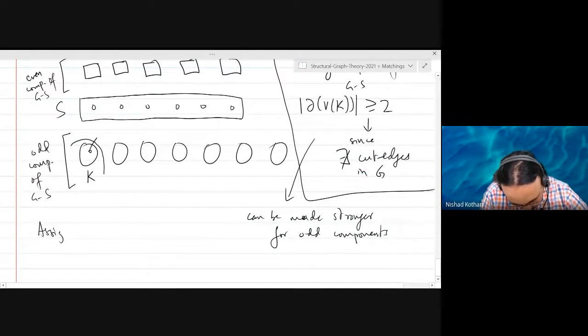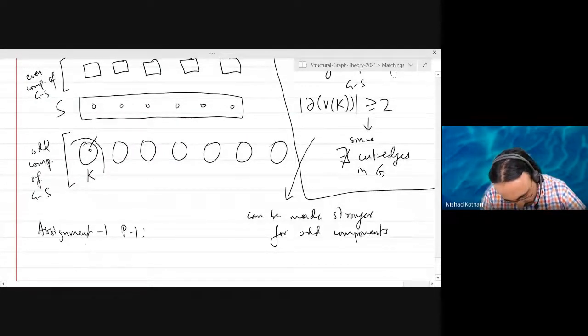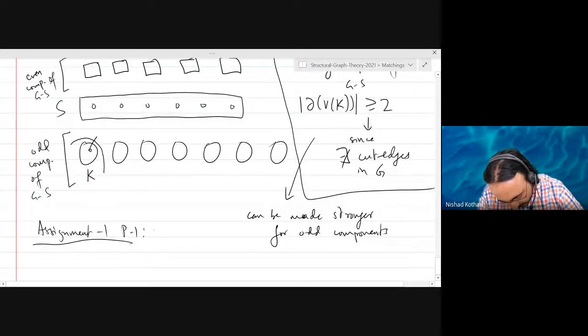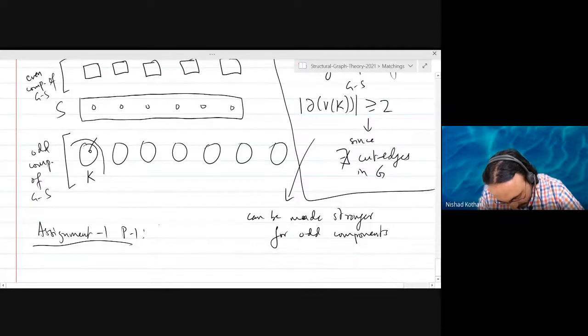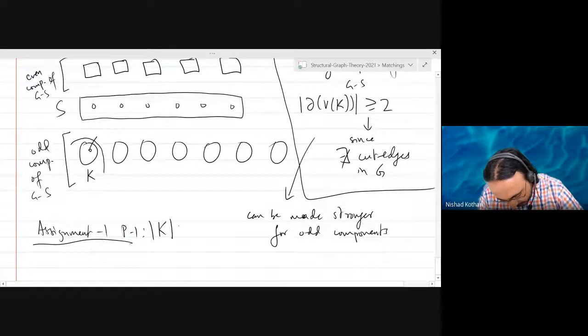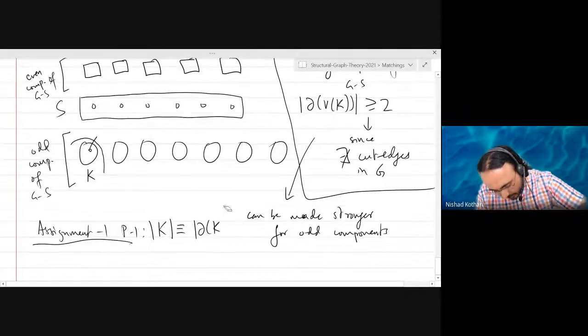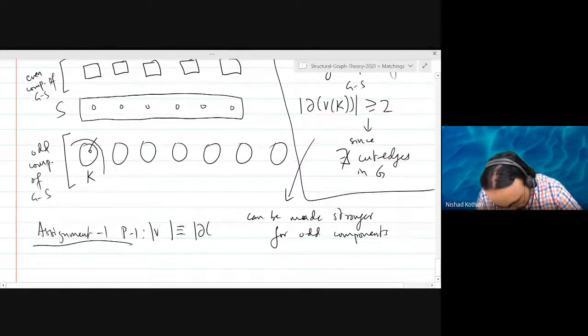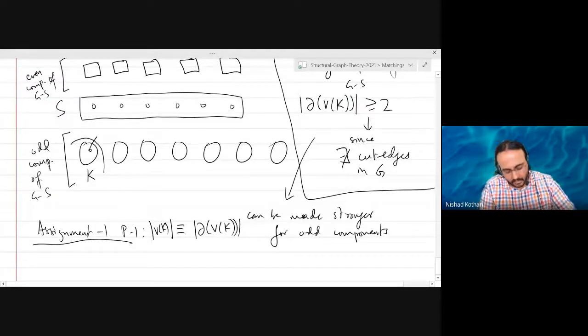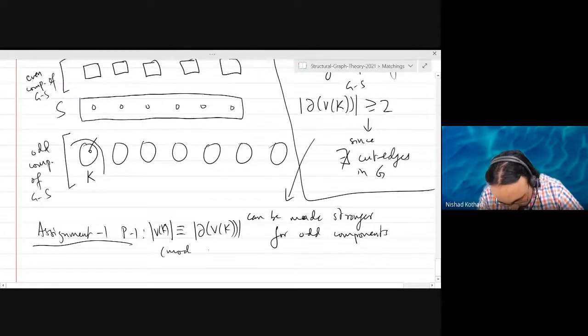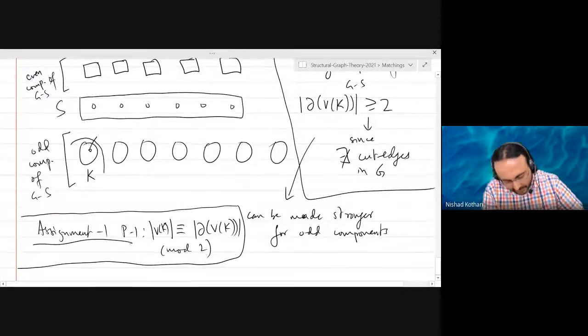On assignment 1, I think it was problem 1, you proved that the cardinality of K has the same parity as the cardinality of the cut. So that's something you proved on assignment 1.